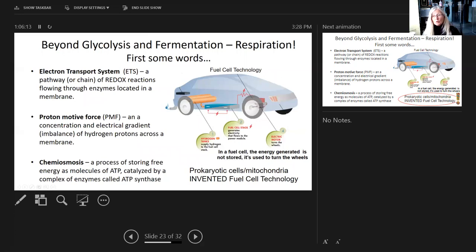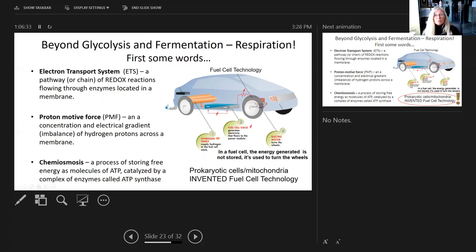The enzymes are located in a membrane. In your eukaryotic bias days, they told you the membrane was in a mitochondria. Now that you're here in microbiology, you know that mitochondria are actually bacteria, so you realize that they are in the cell membrane of the bacteria.